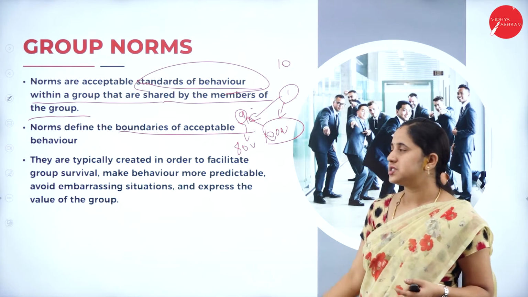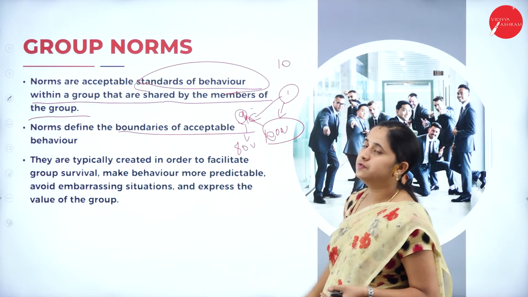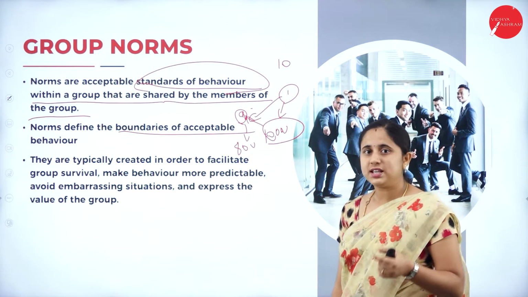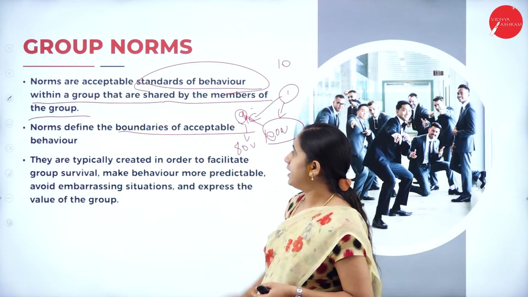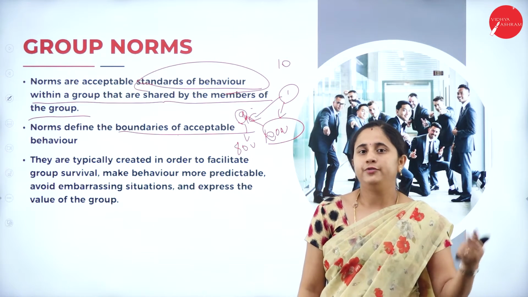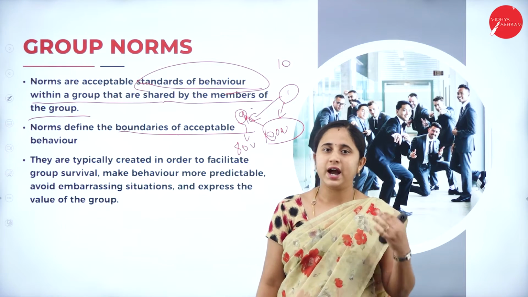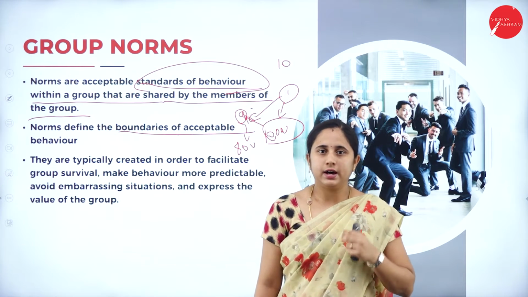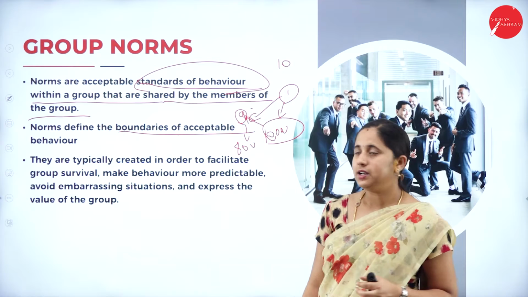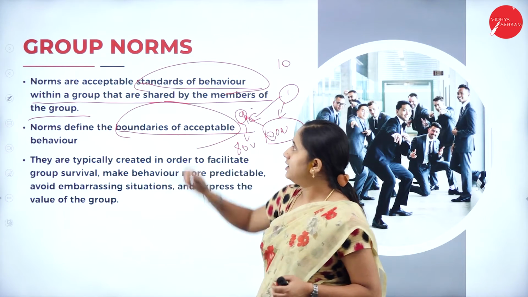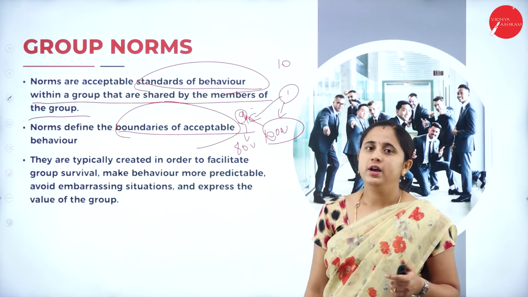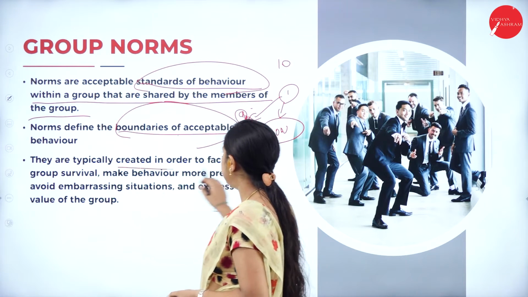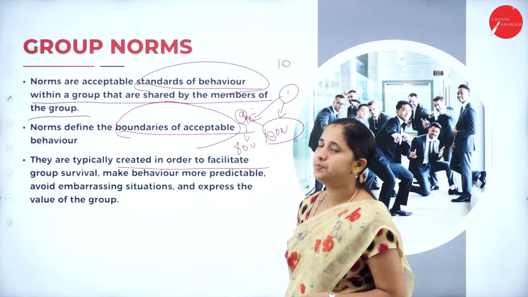You cannot force the remaining 9 group members to produce 100 units. This is the boundary of acceptable behavior. If you force the individuals to produce 100 units, the quality of the product will come down. Based on those boundaries, the acceptable standards of behavior are considered a norm. They are typically created in order to facilitate group survival.